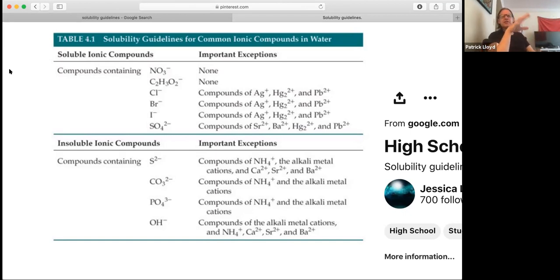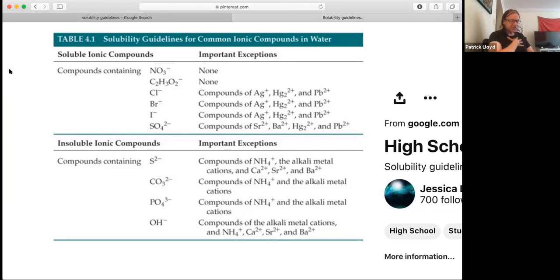If you look at the periodic table, which has in nature 92 elements, roughly speaking, around 70 to 75 are metals. So most of the periodic table is made up of metals. So out of all of those metals, the vast majority of them, if you combine them with sulfide, will precipitate out. So sulfide is pretty easy to get out of water. You can add almost any metal to it and it will precipitate.